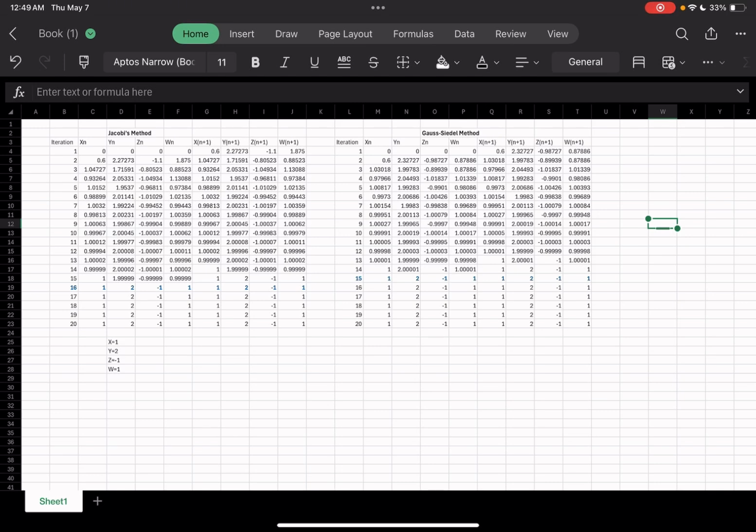We got the same roots in the 16th iteration. However, for the Gauss-Seidel's method, we got the root in the 15th iteration. So we can say that in Gauss-Seidel's method, it is quicker to solve for the roots, since you are immediately using the values of the recently computed x and y. That would be all. Thank you.